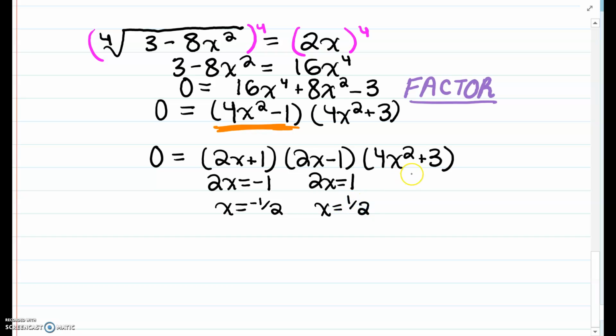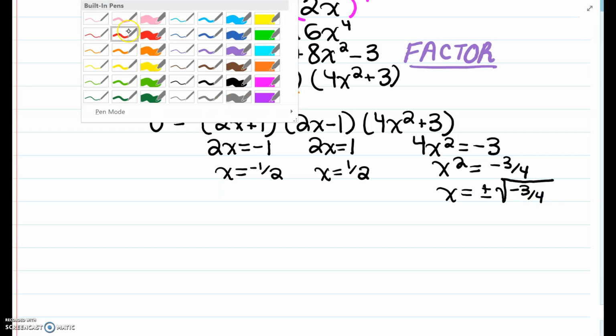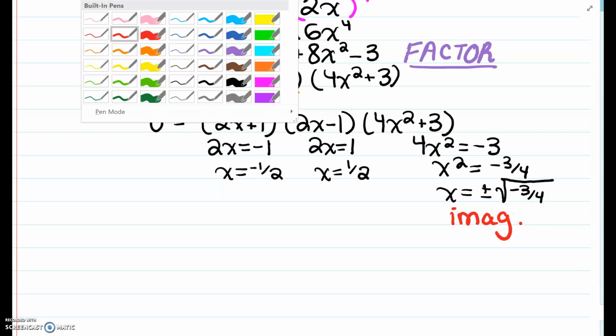And we have 4x squared equals negative 3. x squared equals negative 3/4. x equals plus or minus the square root of negative 3/4. And this is imaginary, because we cannot take the square root of a negative number. So we don't have to worry about that.